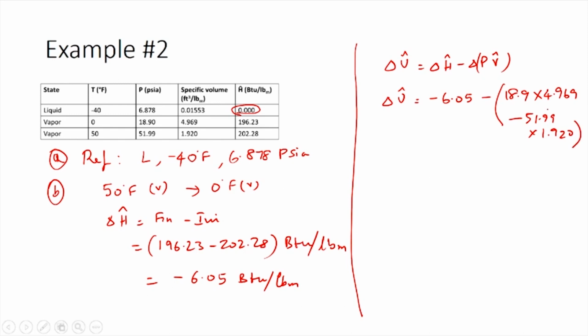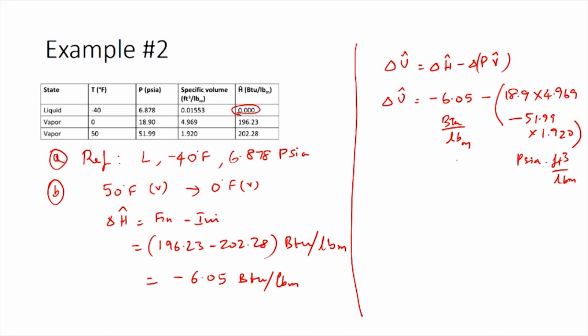This term within the brackets would have the units of PSIA times feet cube per pound mass, whereas the units for delta H cap were BTU per pound mass. So, this unit conversion needs to be done.